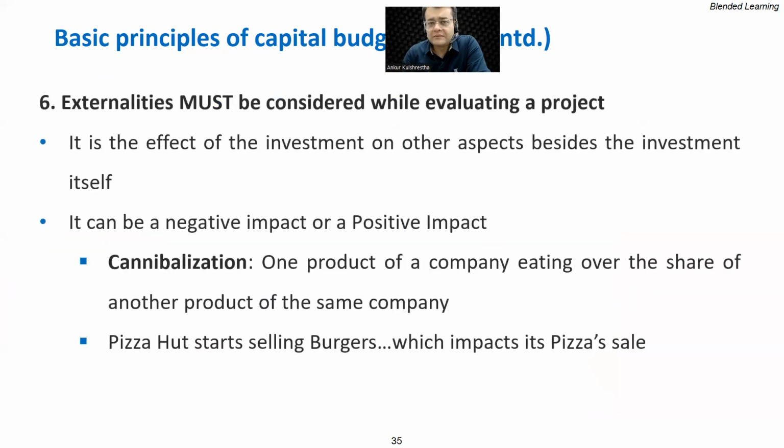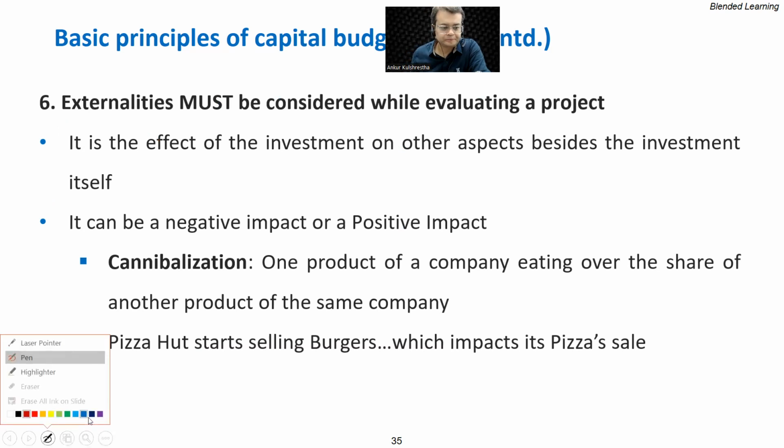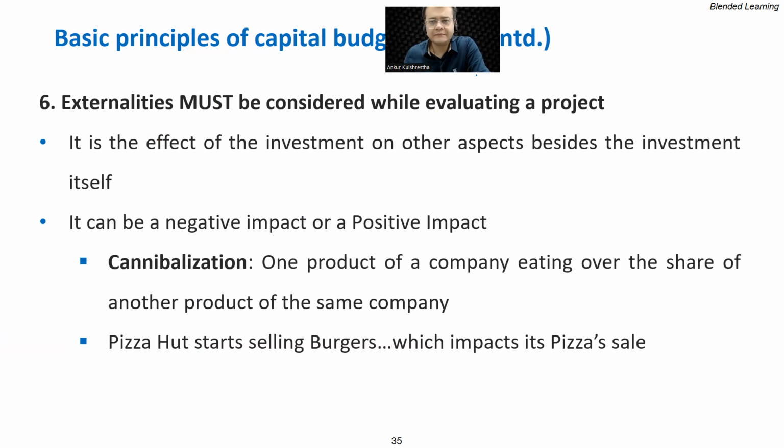The next principle, number 6, is on externality. Let me take an example of what an externality is. Take a company such as Hyundai. Hyundai Motor India has been doing a fabulous job in India, coming out with brilliant products such as a Santro, an i10, an i20, Accent, Creta, Venue, Alcazar, and so on and so forth.